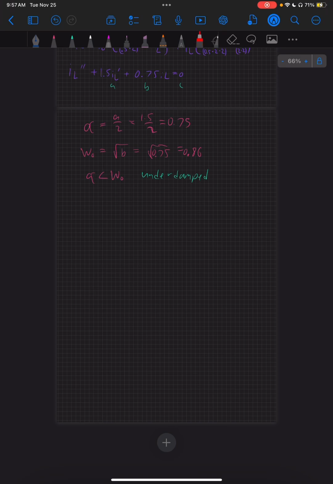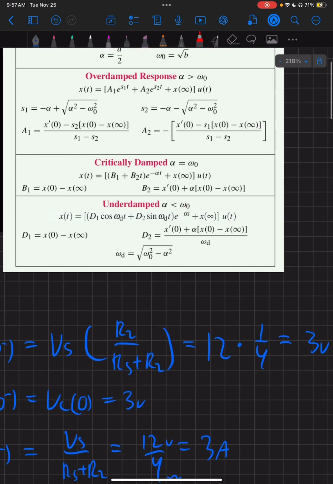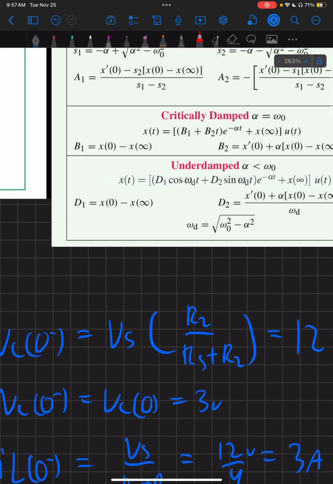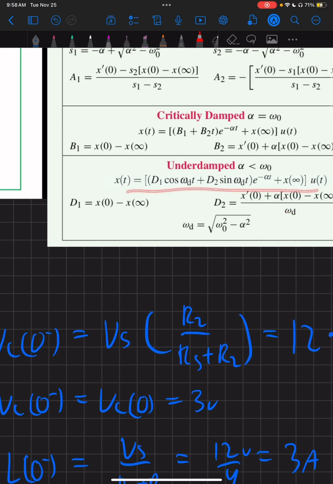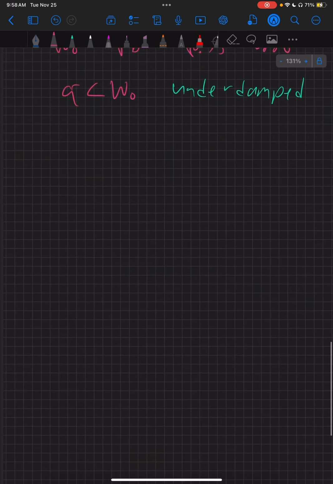Since the equation is underdamped, based on the chart right here, you're going to use this whole part by solving these parts to get the final equation. Io(infinity) equals C over B equals 0 over 0.75, so 0.